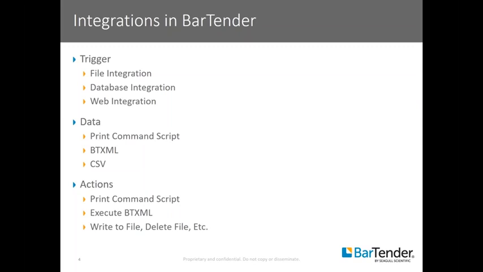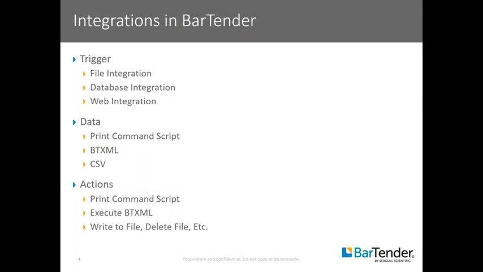It is pretty much what we're waiting for to execute whatever you have programmed in Integration Builder. Some examples of this are a file integration, a database integration, or a web integration. Moving down to the second part, the data is going to be the format or the structure of the data that's coming in over the trigger itself.